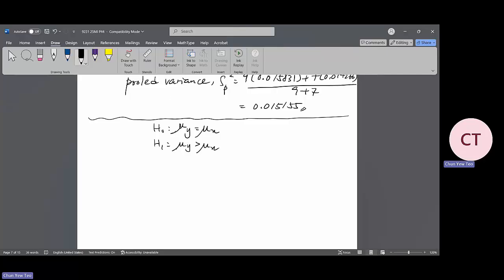You can see that this is a one-tail test, the right tail. Your alpha is 5%.